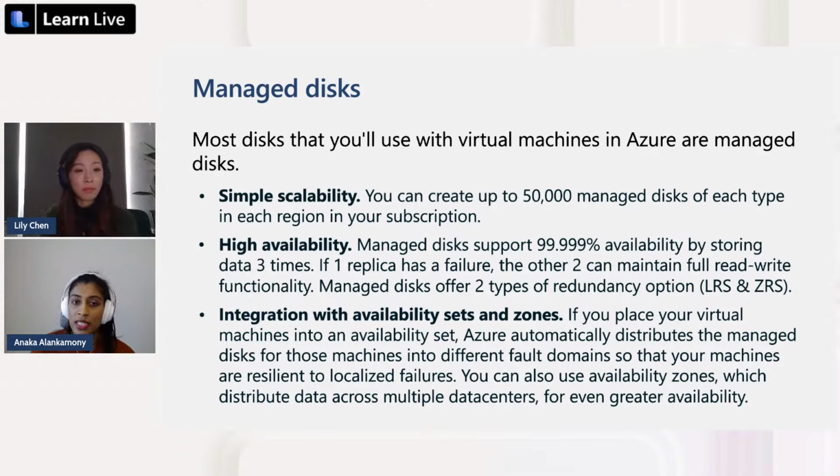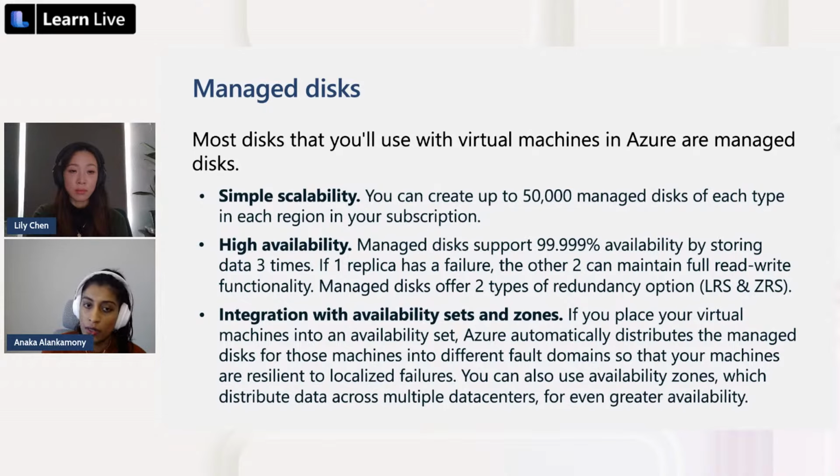So the advantage of integrating managed disk to an availability set is to protect your application when a failure happens at the fault domain. An availability zone is also similar to availability sets in the sense they also provide better resiliency when something goes wrong. In an availability zone, the VMs are spread across different zones in a region.